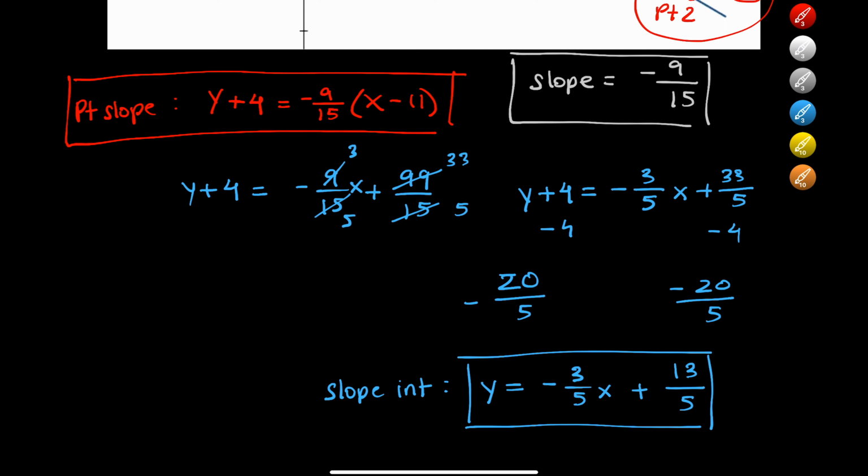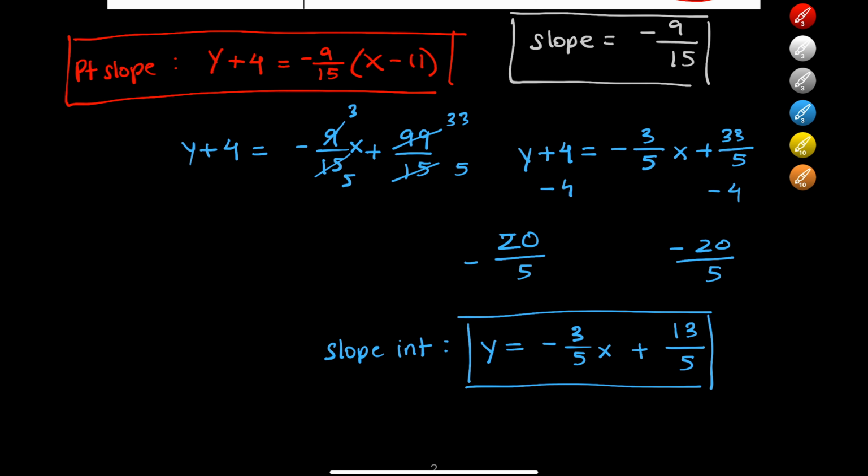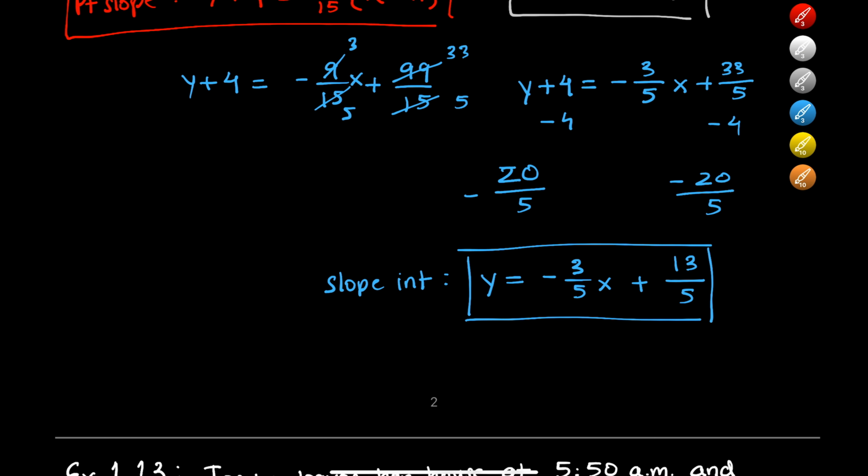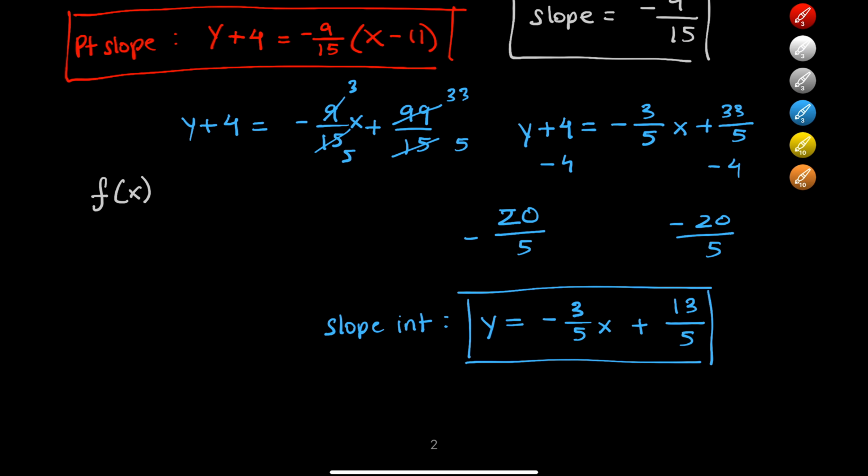And we could also write all of these functions in terms of f of x and x instead of y and x. So for point slope form, we could write it as f of x plus 4 is equal to negative 3/5 times x minus 11.